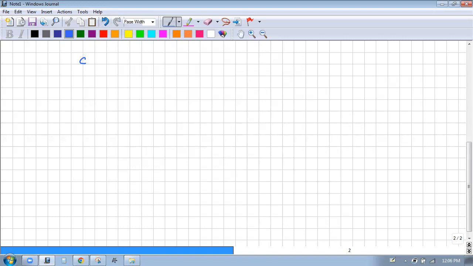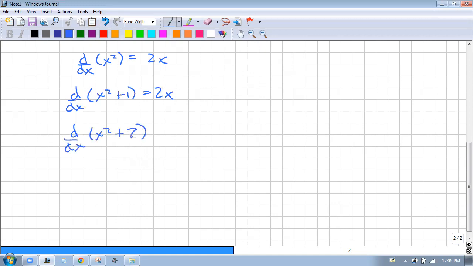We know the derivative of x squared is 2x, right? But we also know the derivative of x squared plus 1 is also 2x. The derivative of x squared plus 7 is also 2x. So what that says is the integral of 2x with respect to x is x squared plus any constant.